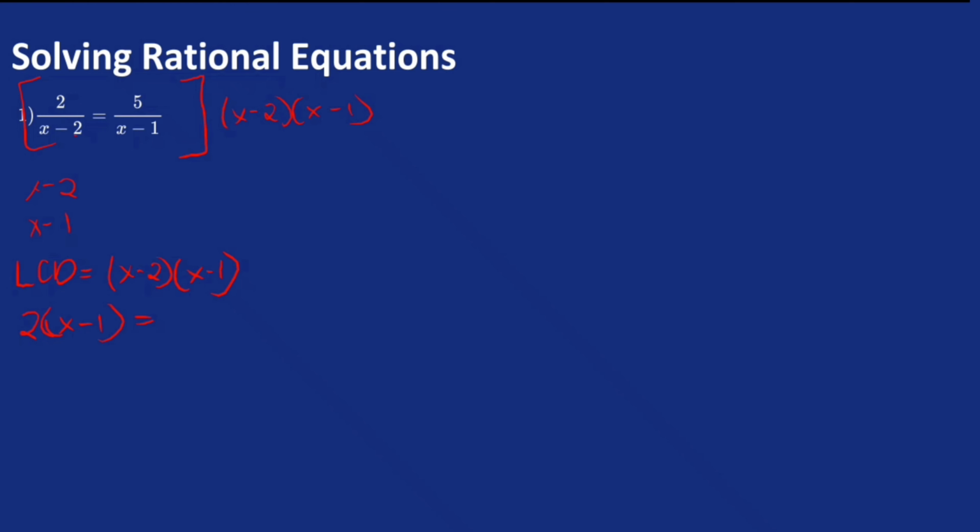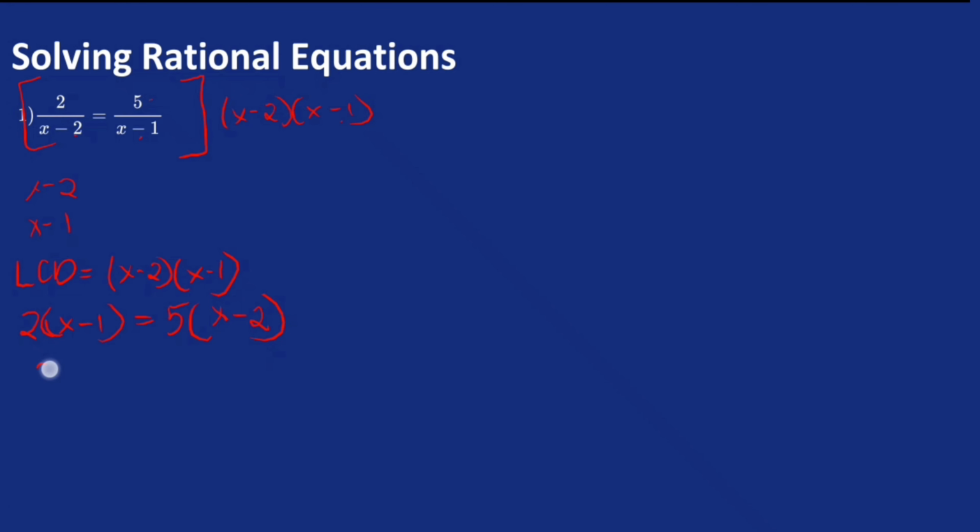And again, we can cancel the common factors, x minus 1. And we will have the original numerator 5 times the factor that was not cancelled, x minus 2. Then, we can simplify that to solve for our x.